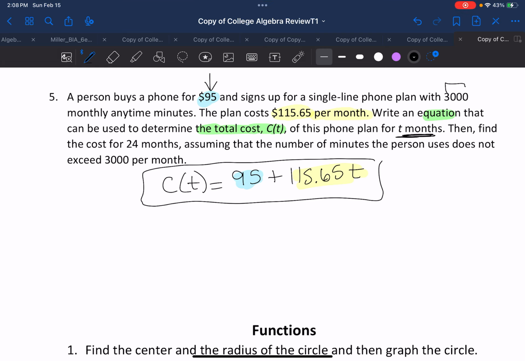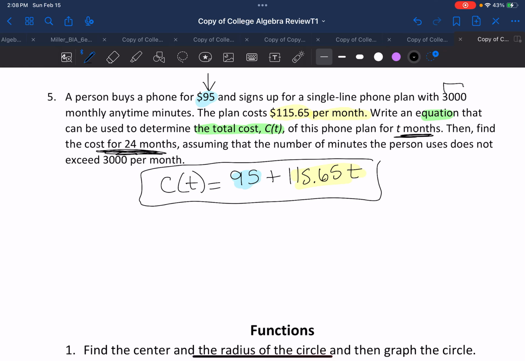And then it wants me to use this equation to find the cost for 24 months. So now I'm plugging 24 in for t, which is the number of months. So that'd be C of 24 equals 95 plus $115.65 times 24.